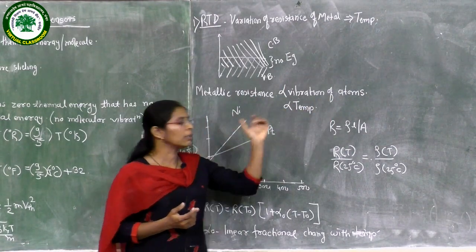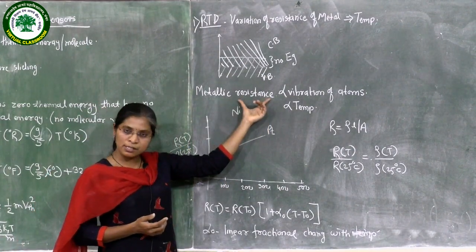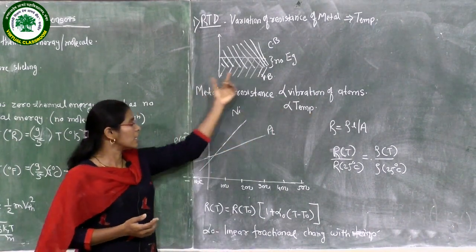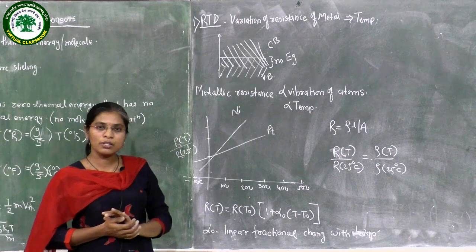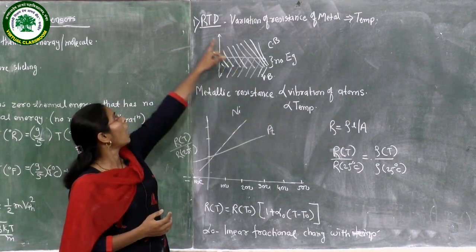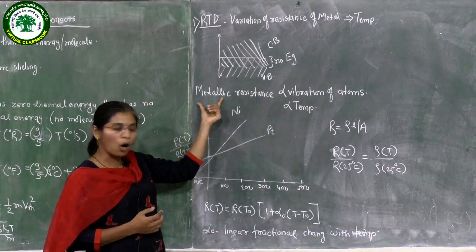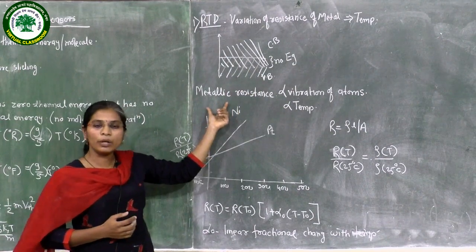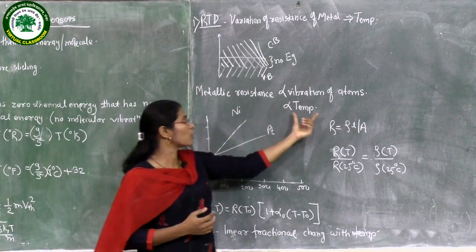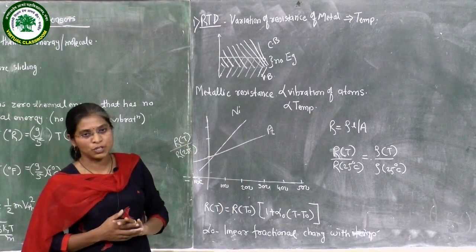So we are going to take advantage of this: if there is a change in resistance with change in temperature, can we make such a sensor? The answer to this question is yes. This RTD consists of metal, and in this RTD we are going to see how this metallic resistance varies with temperature and how one can use this for measurement of temperature.